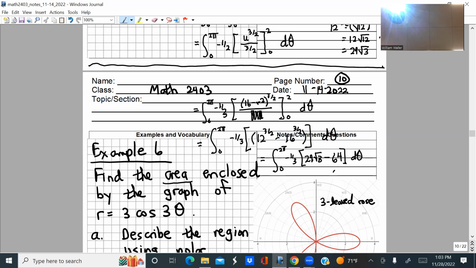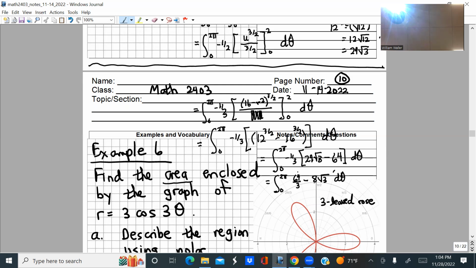And now we have minus 1/3 of that. So what does that give us? Let's see, minus 1/3. So what? 64 thirds minus 8 times the square root of 3. Am I going too fast there?